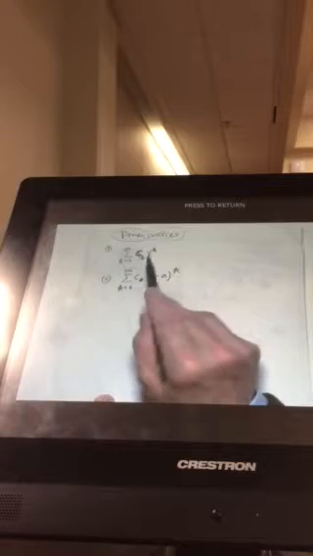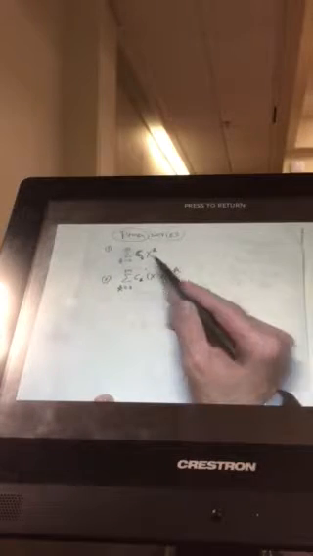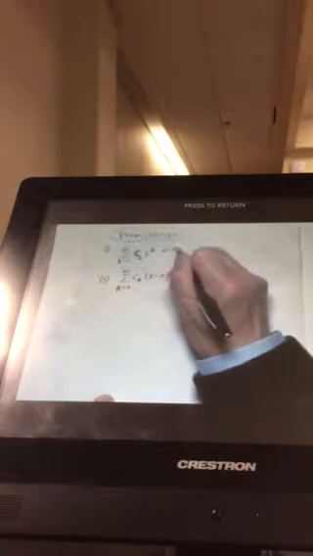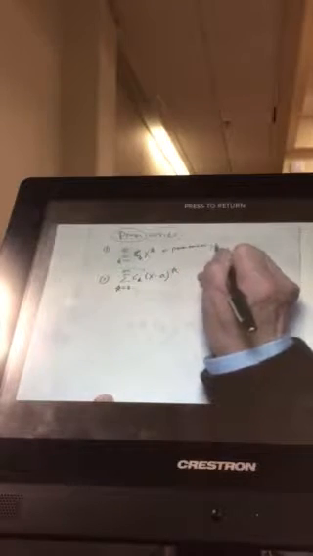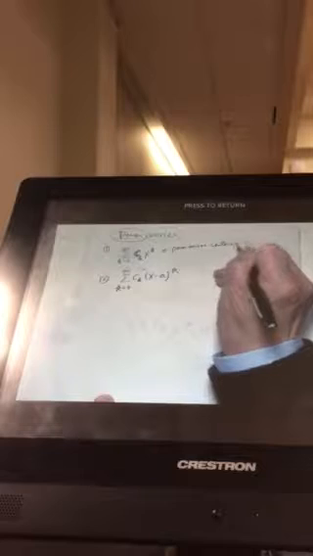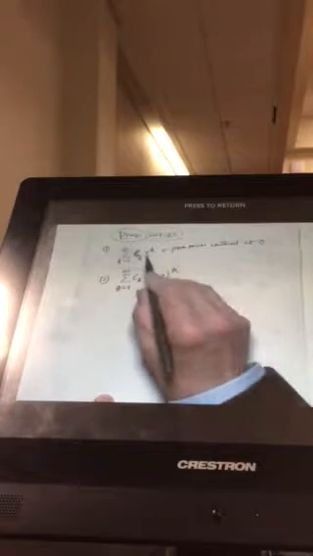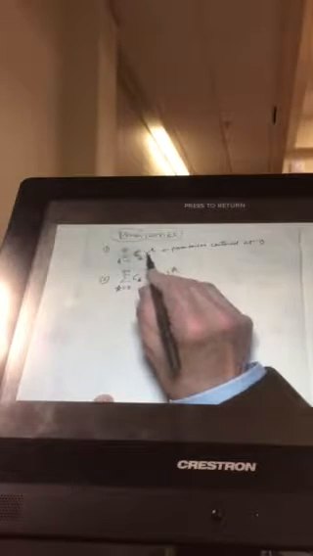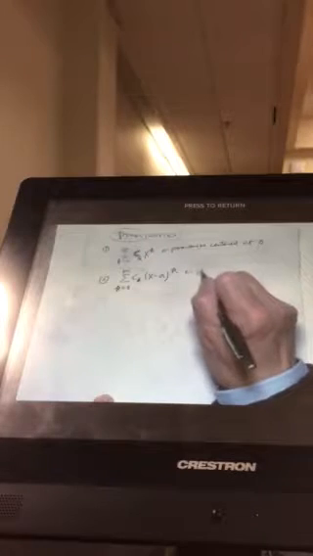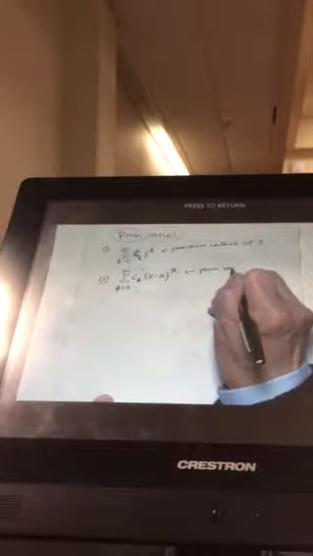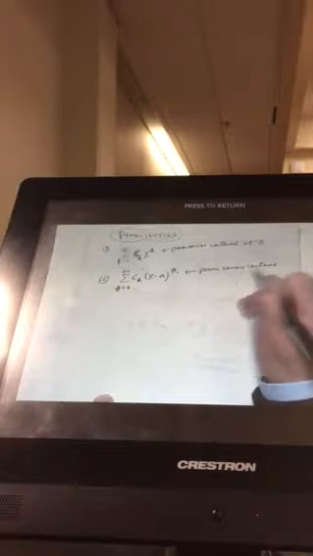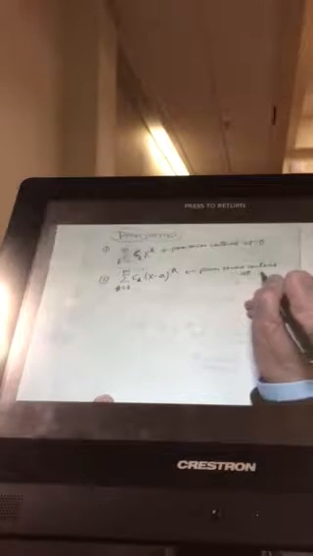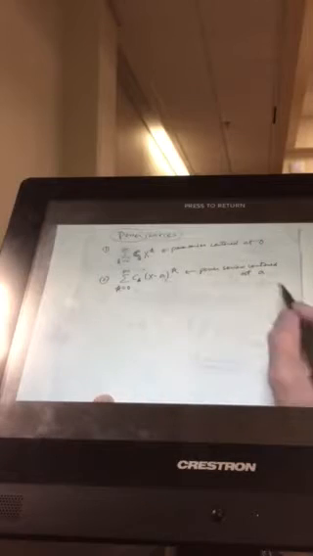This is a power series centered at 0, because x is really x minus 0. And this is a power series centered at a, because it's x minus a, okay?